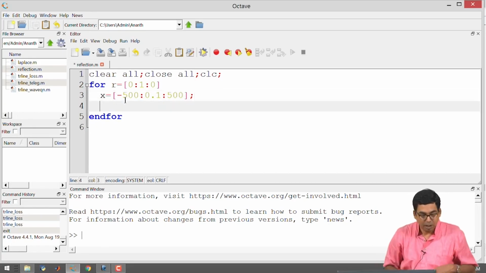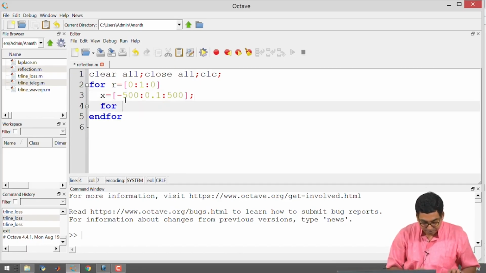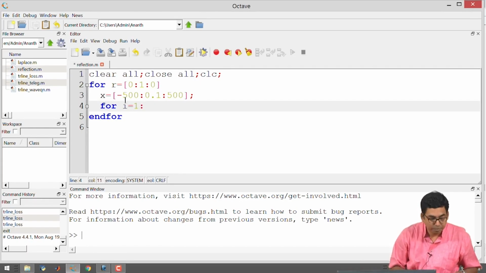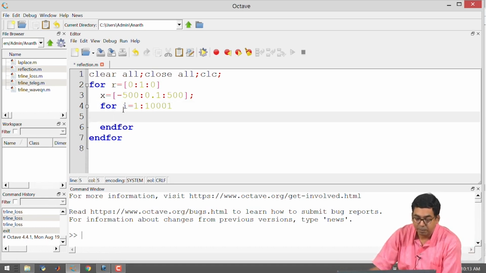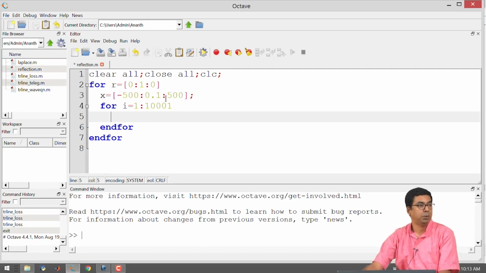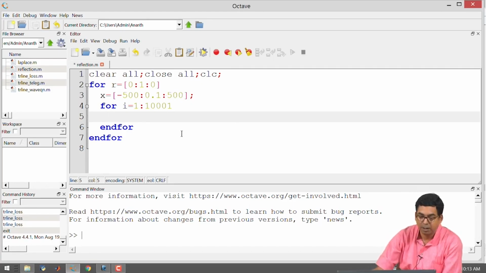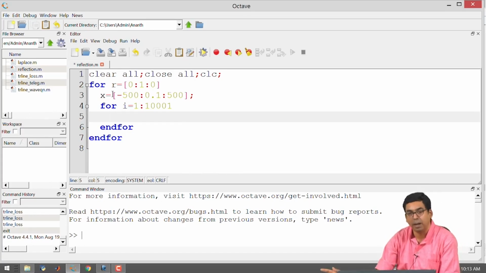And all I want to do now is, the reason I have picked a variable I equal to 1 to 10,001 is because I have minus 500 to 500 in steps of 0.1, and that corresponds to 10,001 points, and for every reactance value I would like to calculate gamma L, that is all.